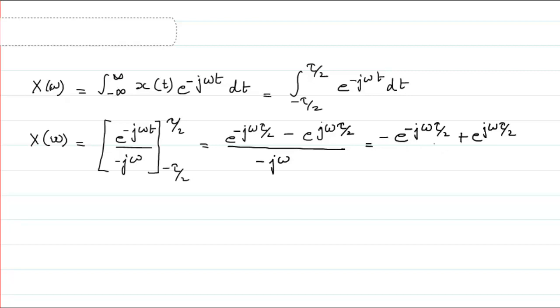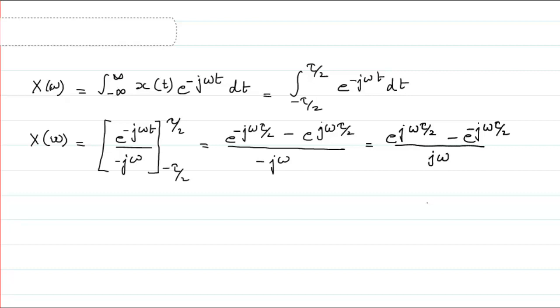So I will write this first, then this, as plus e raised to power j omega tau by 2 minus e raised to power minus j omega tau by 2 divided by j omega.